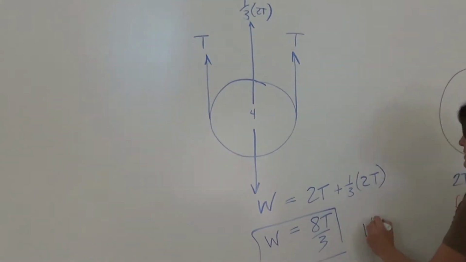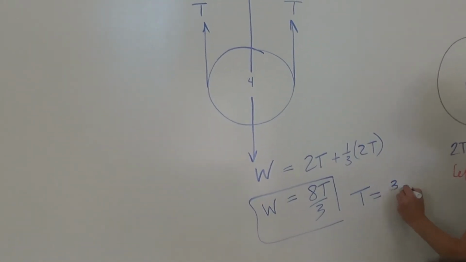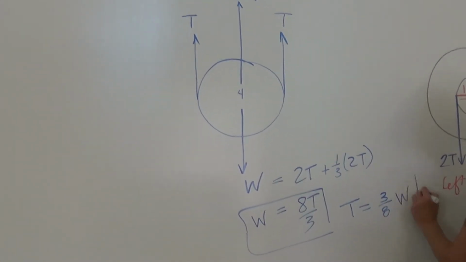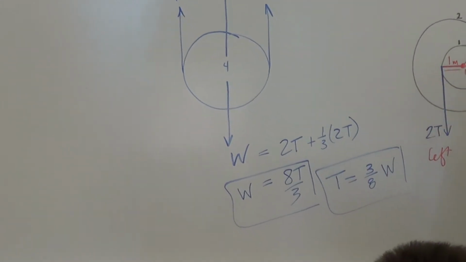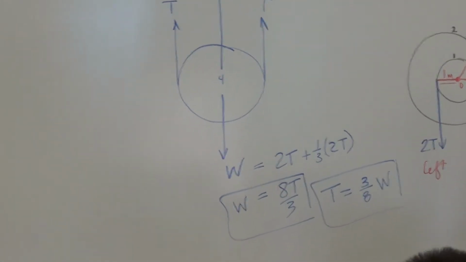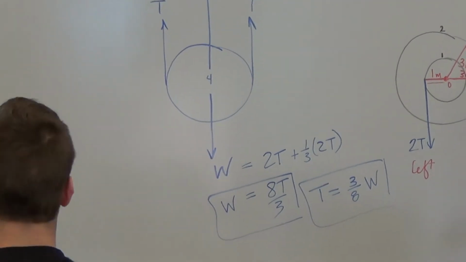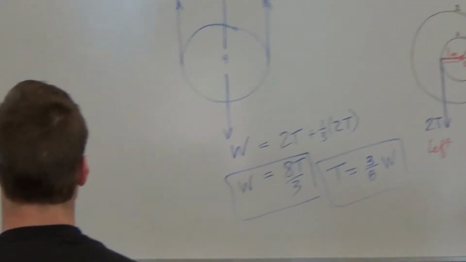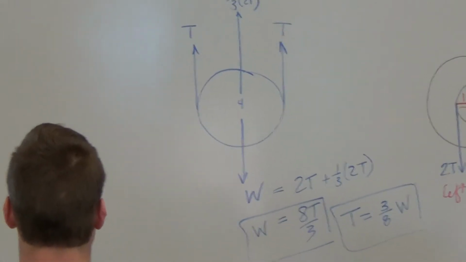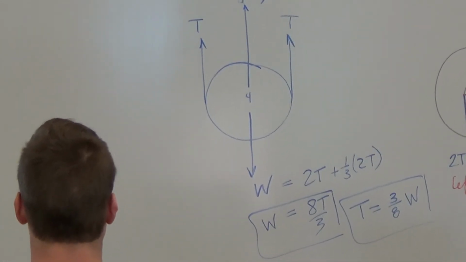So let's solve for T then. T is equal to 3/8 of the weight. Let me just make sure I have it solved for myself. Yeah, I don't have the answer yet. Somebody else got 8T over 3? So the tension, take a look at this whole problem.